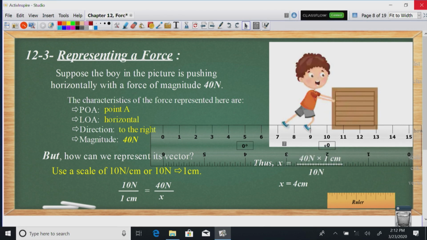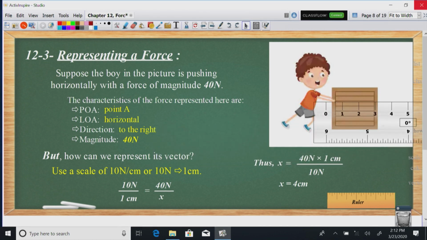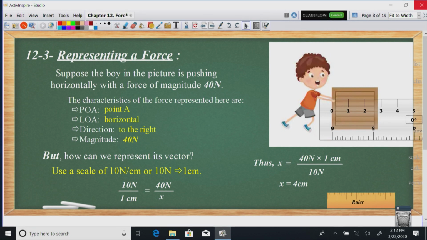So I need to draw على هاي البوينت محل ما هالصبي حاطط ايده بدي ارسم فيكتور 4 سنتيمتر اللي هن بيمثلوا 40 نيوتنز. اوكي ببساطة جينا اوكي ورسمناها.